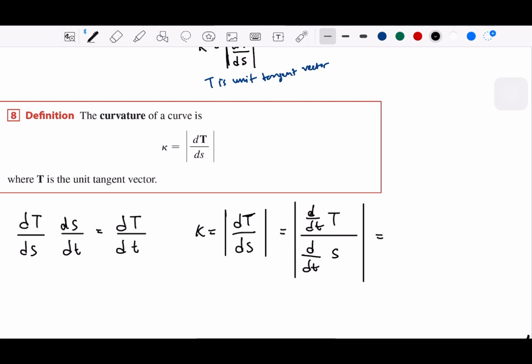Now both will be derivatives, right? The first one is the derivative of the unit tangent vector. The second one is the derivative of the r prime, right? Remember from the arc length, we have this r prime, the magnitude value.